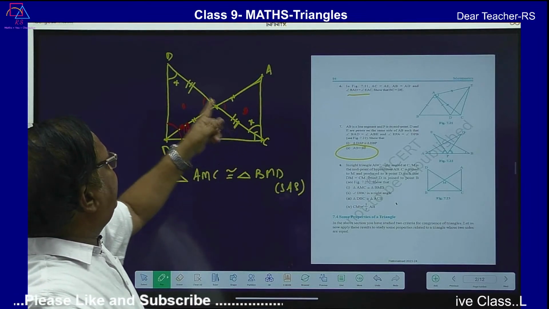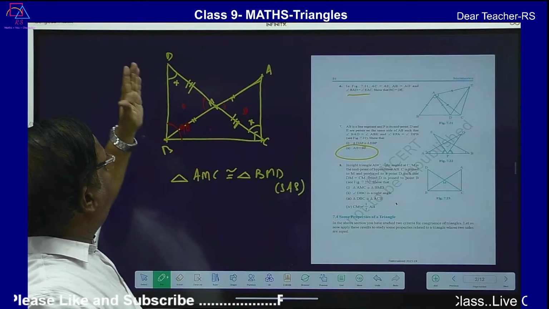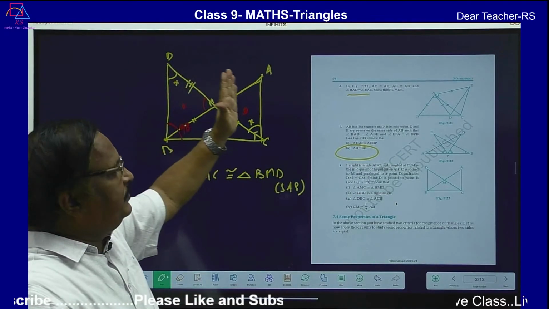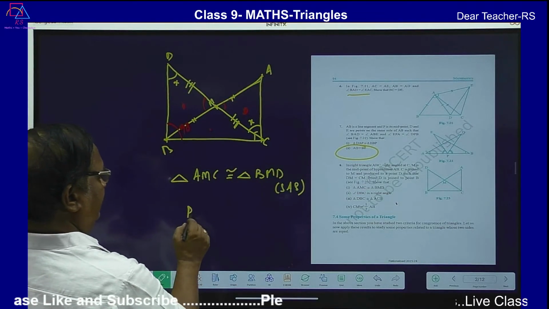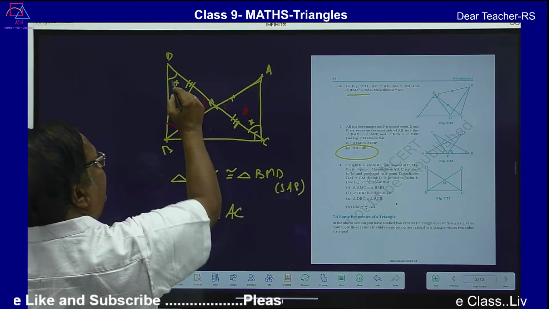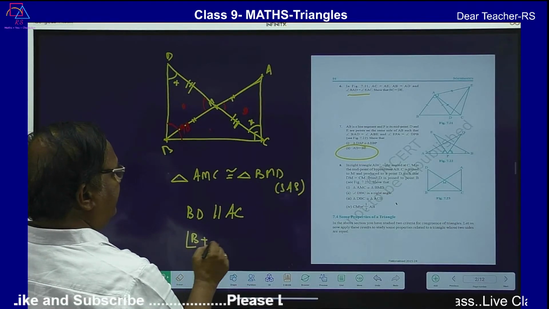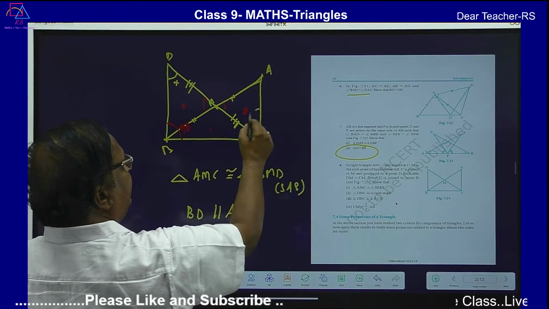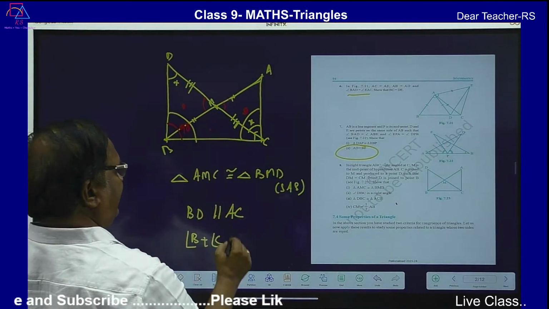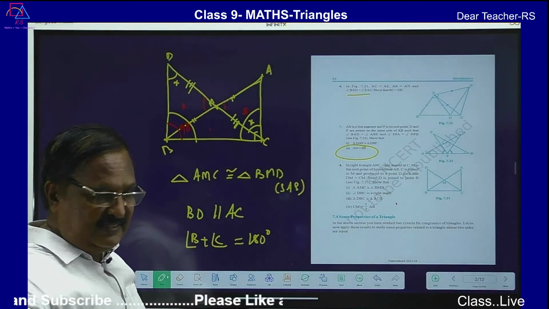So this is X and this is X, and this is a transversal. Therefore BD is parallel to AC because alternate interior angles are equal. So therefore angle B plus angle C, that means this entire angle and this entire angle, is equal to 180 degrees, co-interior angles.